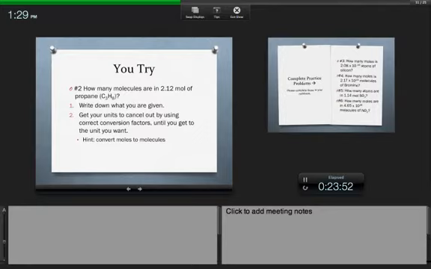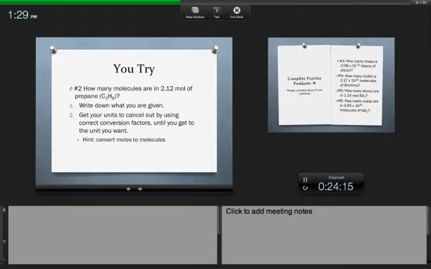What I always say in my head is I'm always going to put the unit I want over the unit I have. So I just always say put what you want over what you have. We want molecules. We have moles. 1 mole of anything is equal to 6.02 times 10 to the 23rd.